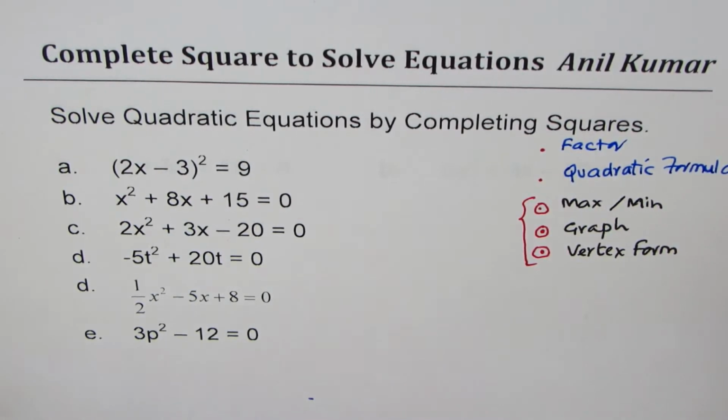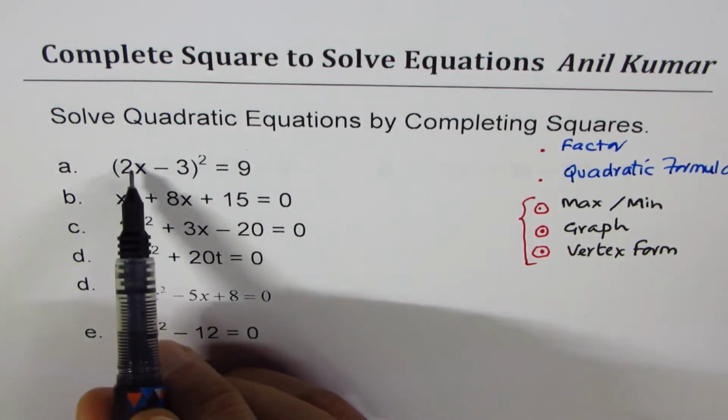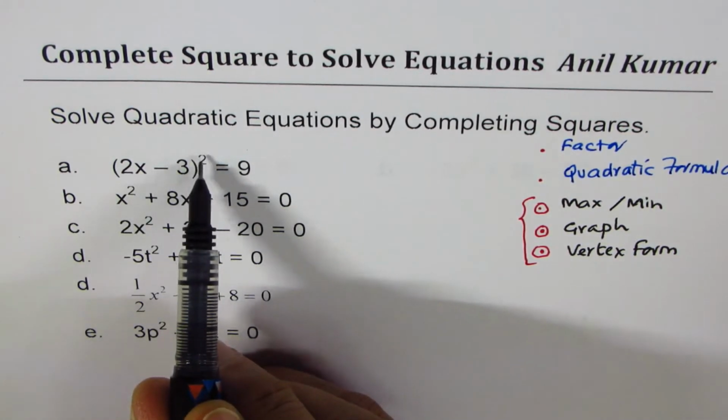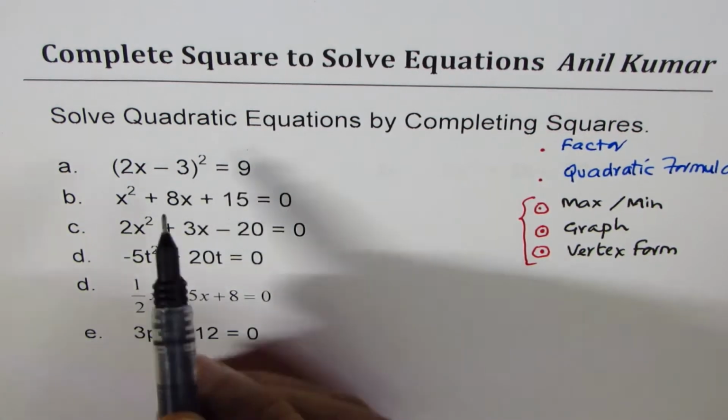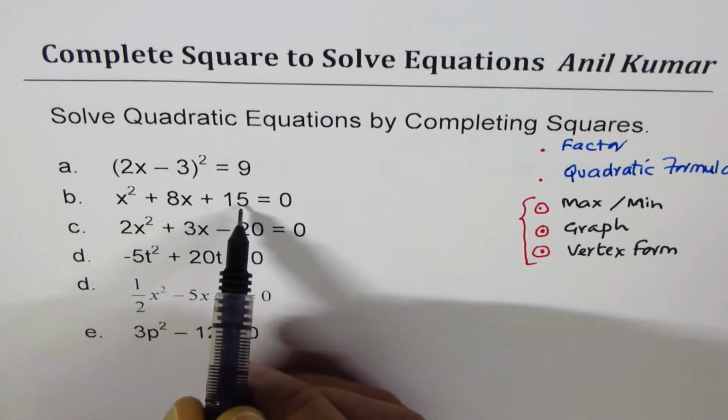So the idea is to write your quadratic equation in this form: (2x - 3) whole square equals something, right? Normally you're given it in standard form.